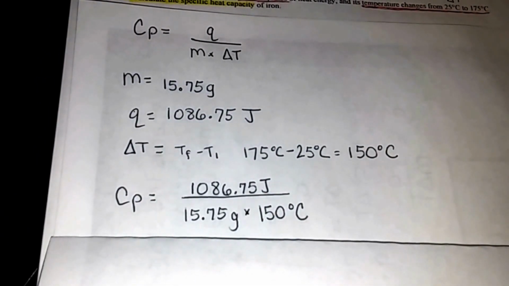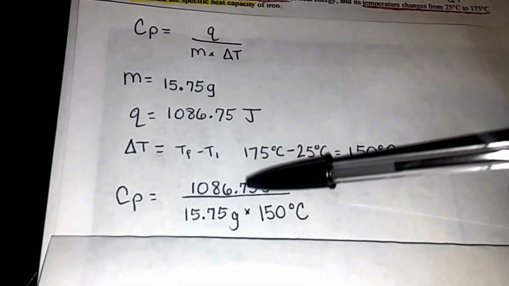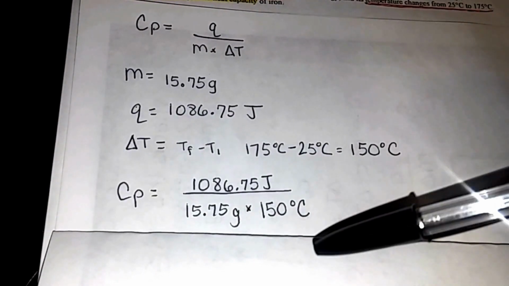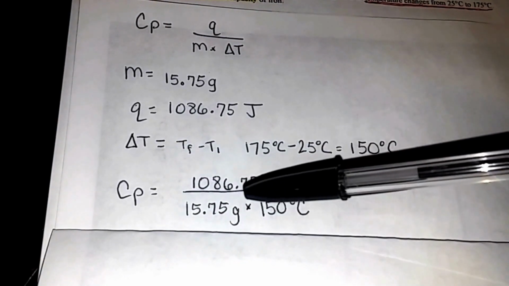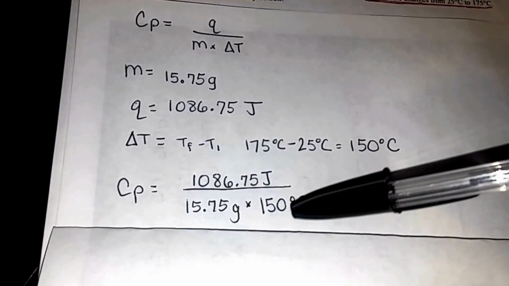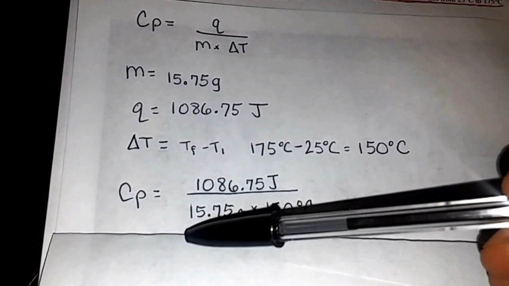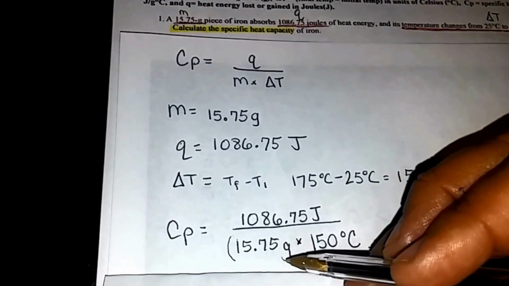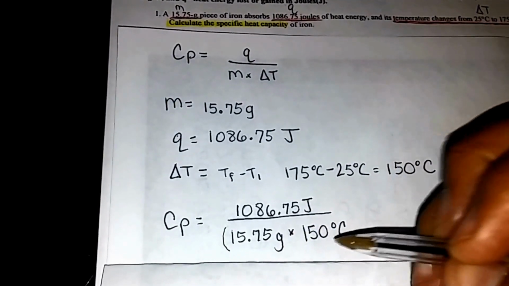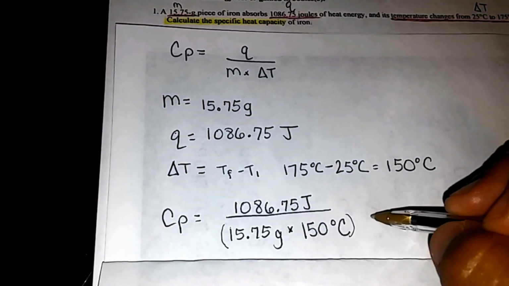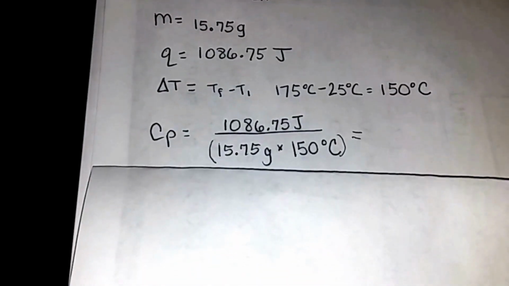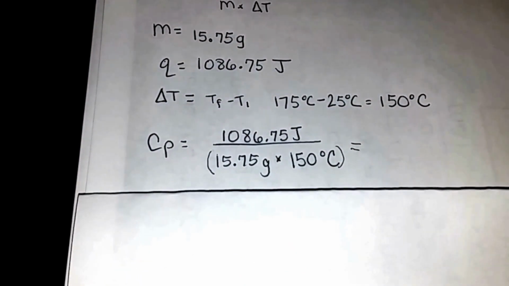Okay, so once you do that, you're going to take this number and divide it by, and when you divide on the calculator, put 1086.75 divided by, and then put parentheses. So when you're typing it, put parentheses 15.75 times 150, close parentheses, and then press equal. That'll actually avoid any problems with the calculation.